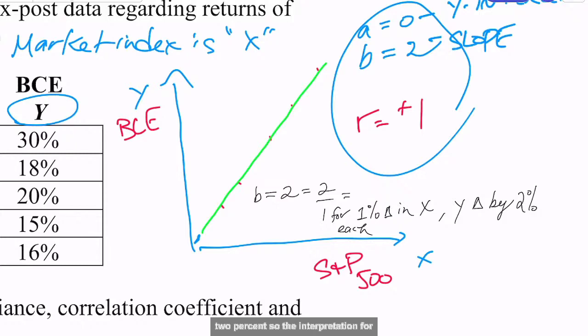So the interpretation for slopes is always to use the units and interpret from here and say for 1 unit change in x, y changes by that, because the slope is change in y over change in x, correct?